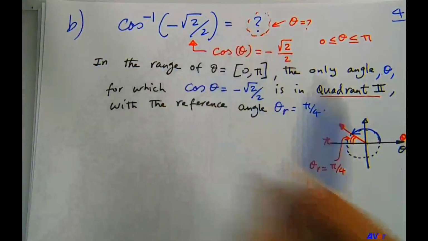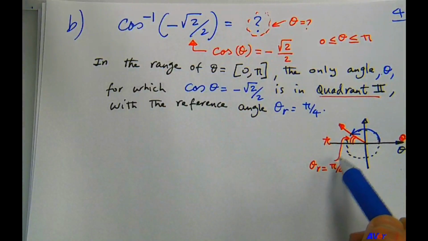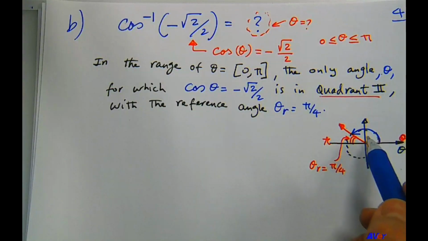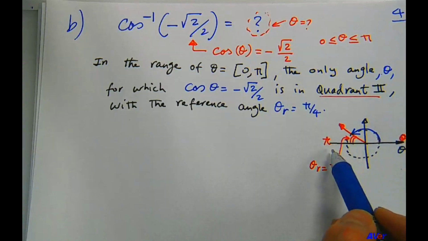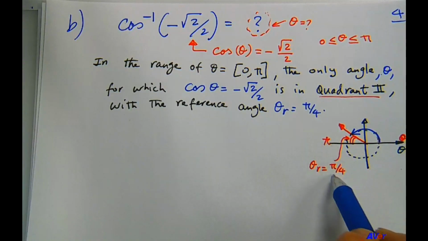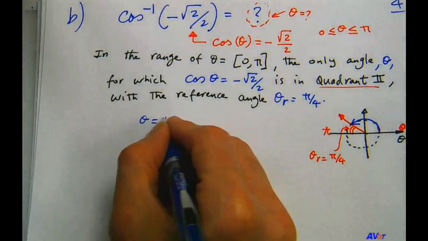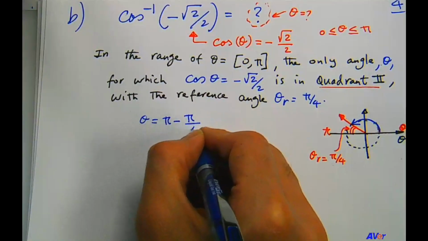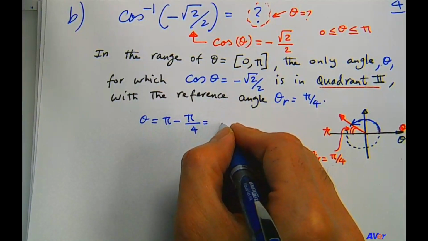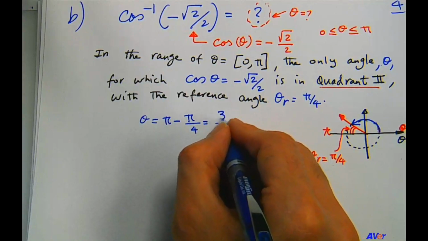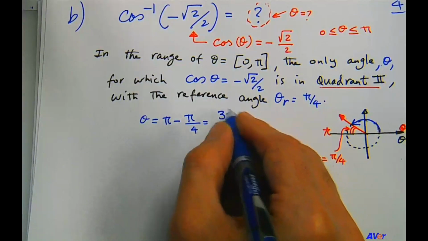We're looking for that. Well, we know the reference angle, which is a huge help, because all we have to do is say that angle must be equal to pi minus this piece, pi over 4. So theta is equal to pi minus the reference angle, and this will be, of course, 3 pi over 4.